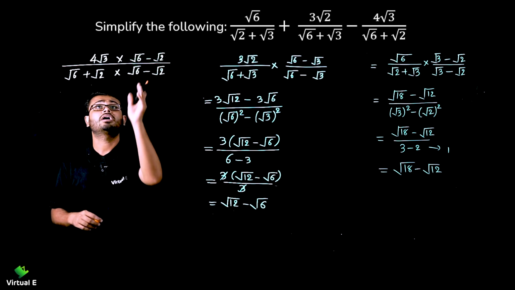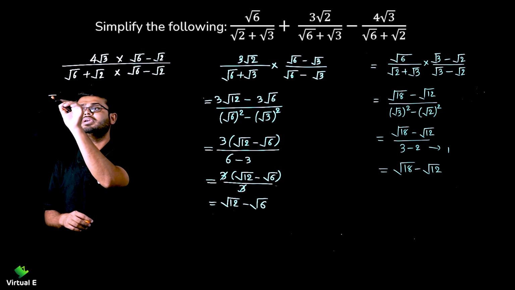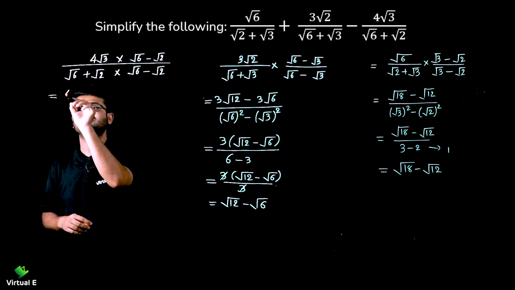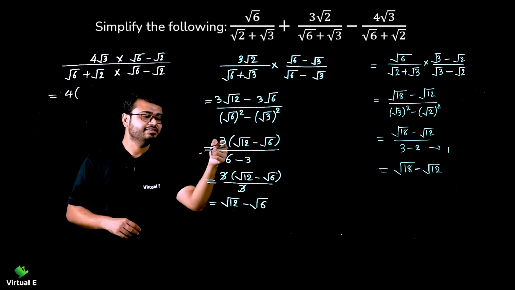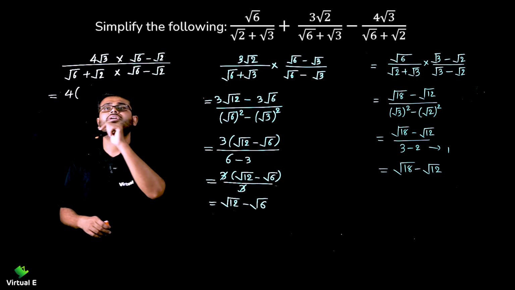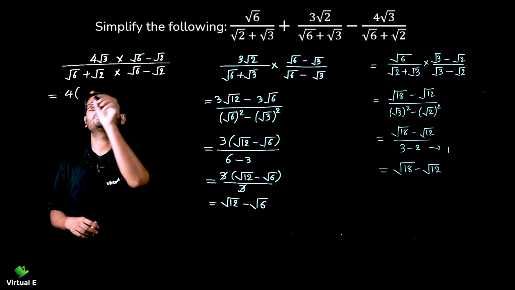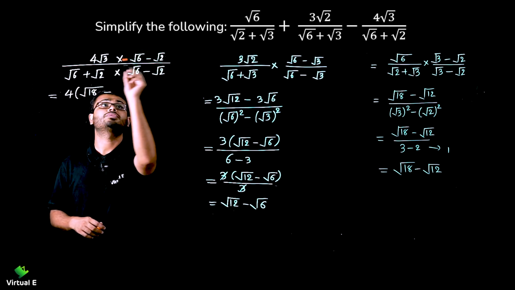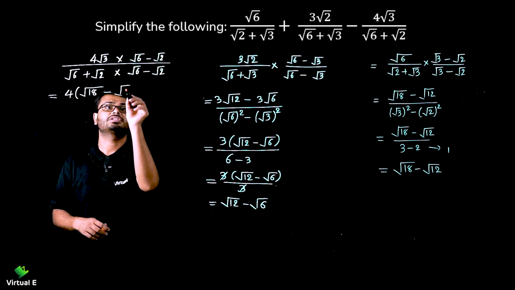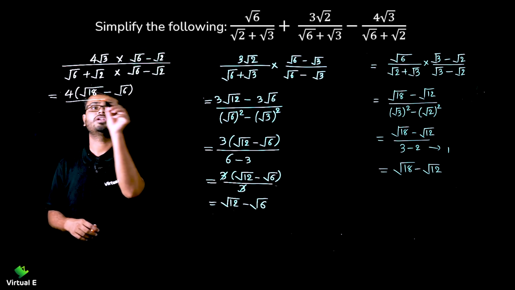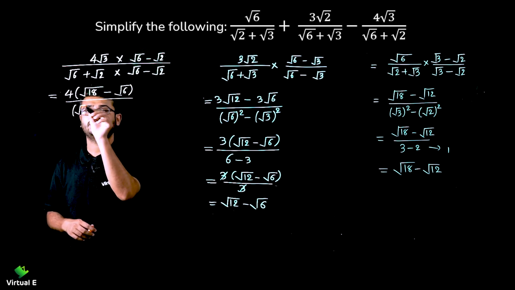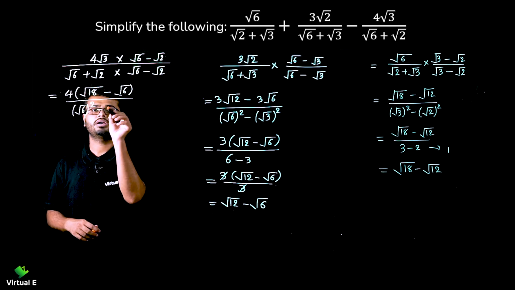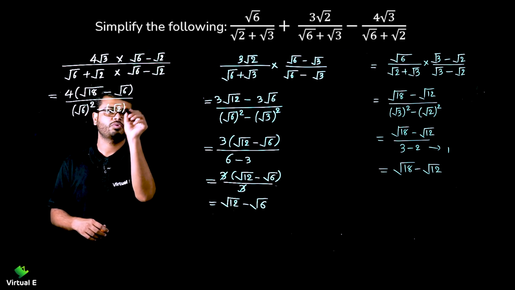Very simple. Now let's start with the product. Here let's keep the 4 as it is, because finally we have taken 3 common over here, so I'm just keeping 4 already common. Root 3 into root 6, that is what? Square root of 18 minus root 3 into root 2, that is root 6, and in the denominator we have the identity, that is root 6 square minus root 2 square.